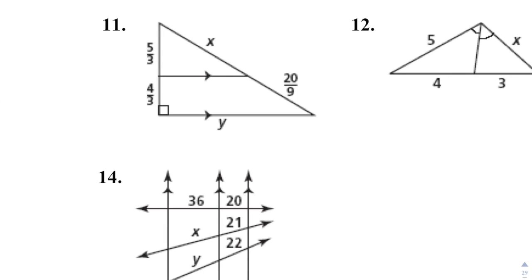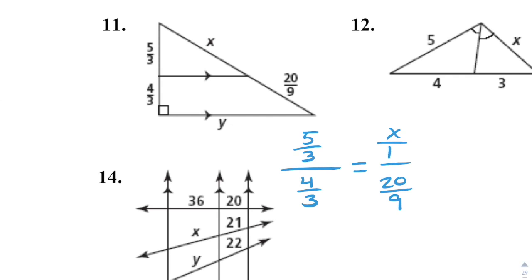So we have 5/3 is to 4/3 as x is to 20 over 9. Okay, don't freak out. You have a fraction over fraction. Instead of calling it x, call it x over 1 because anything divided by 1 is itself.